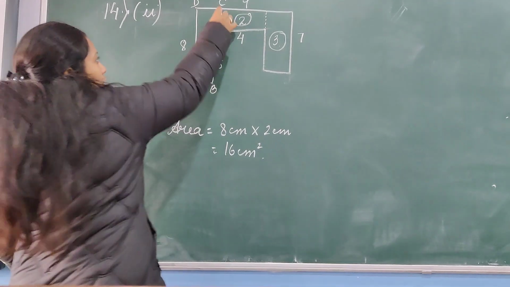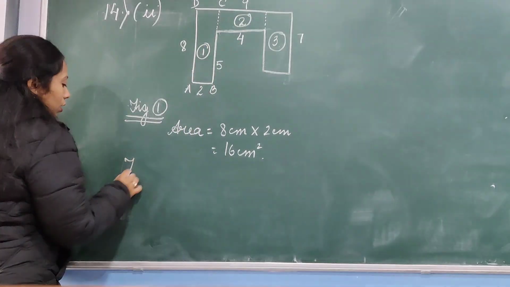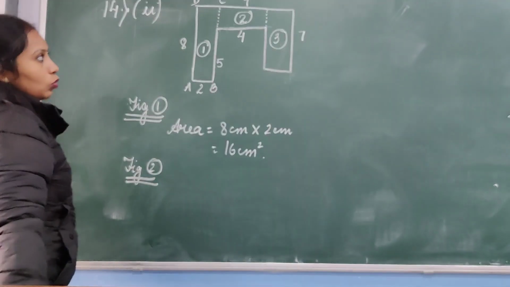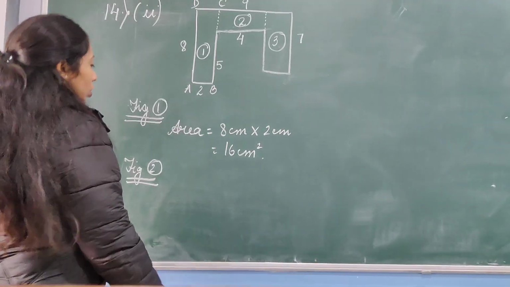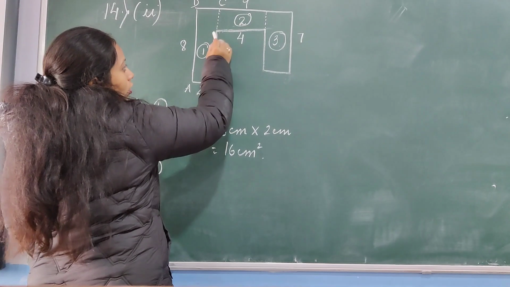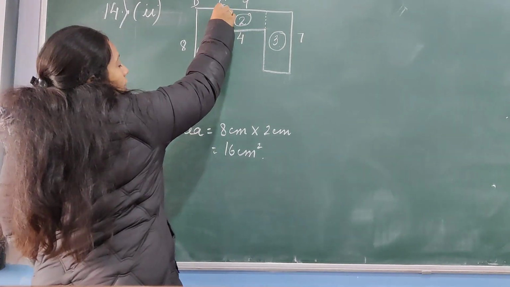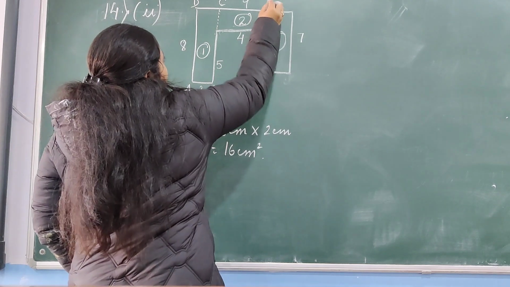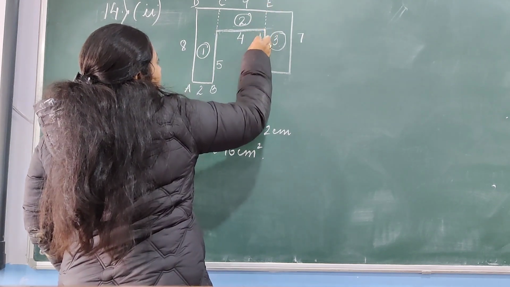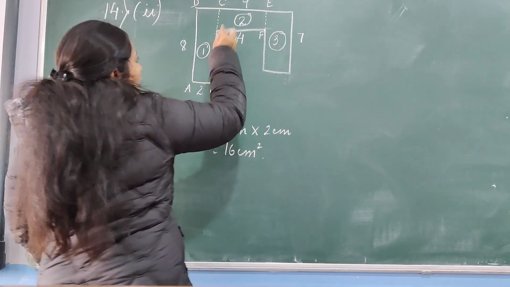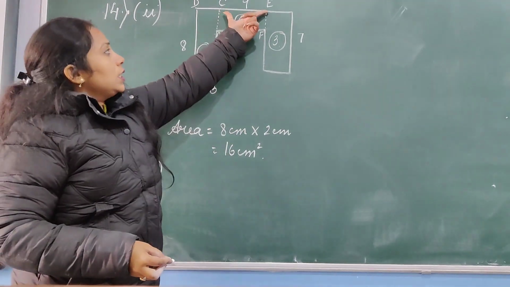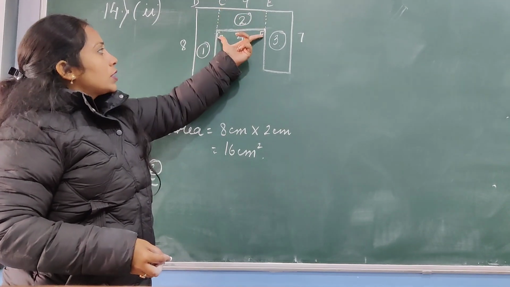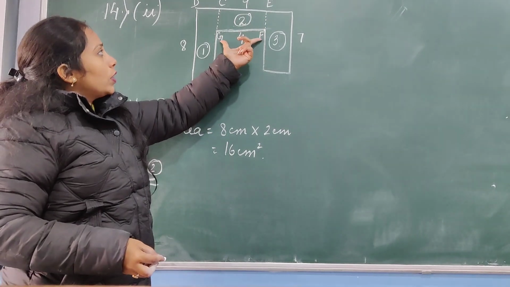Let's move on to figure 2. To find out the area of figure 2, this is 4. If you name it as, this is already C, let's name this point as E, this point as F and this point as G. So CE and GF have the same length, 4 over here, 4 over here.